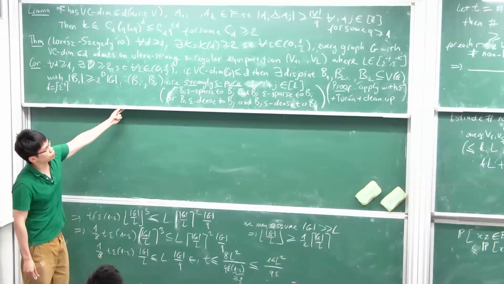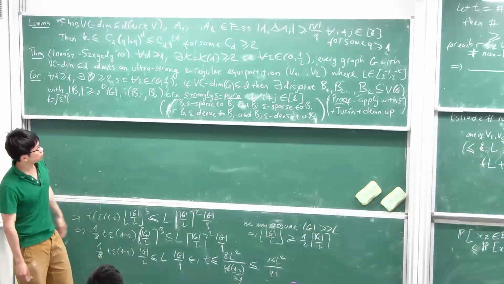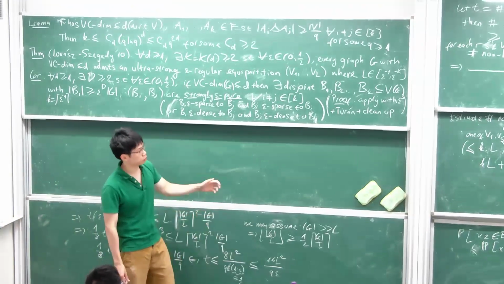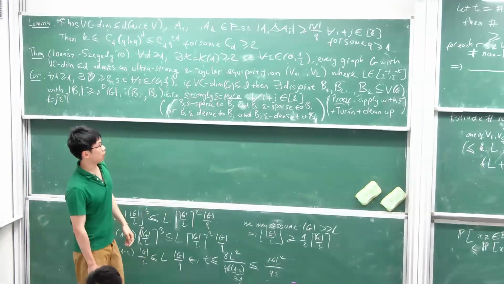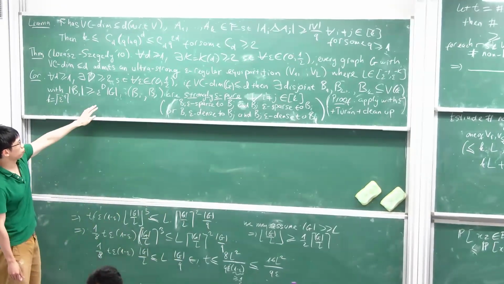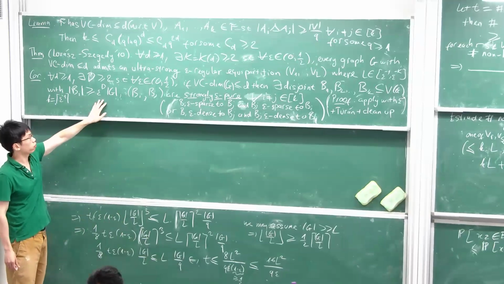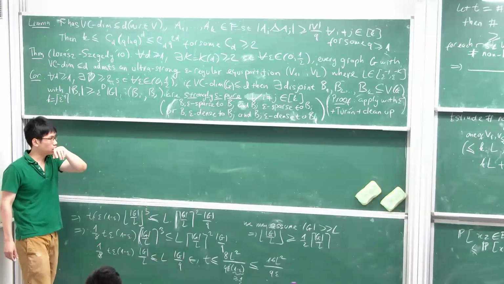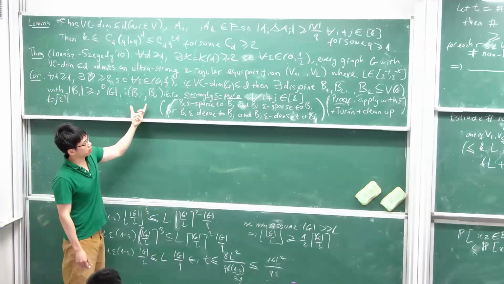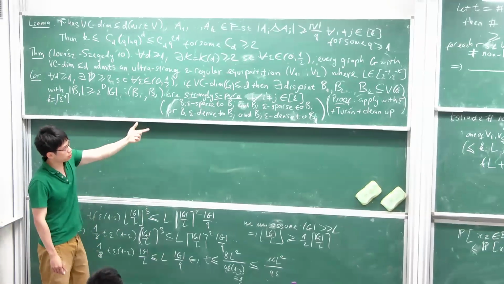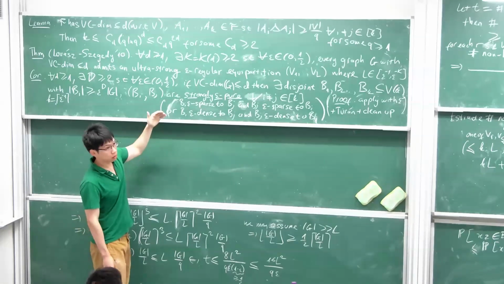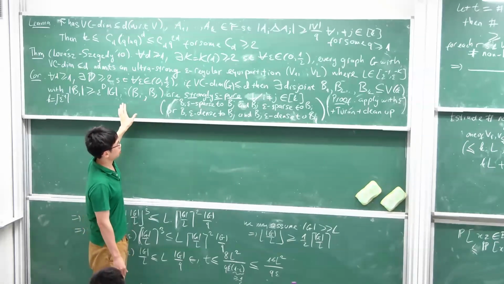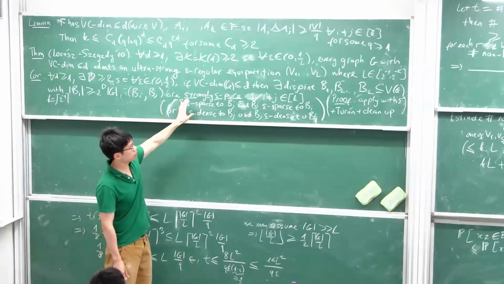Here, as you can see, if G has bounded VC dimension, then you can find a subset of G with a pretty decent, polynomial size, some power of epsilon, but the power depends on the VC dimension of G, such that every pair in the sequence is strongly epsilon pure.